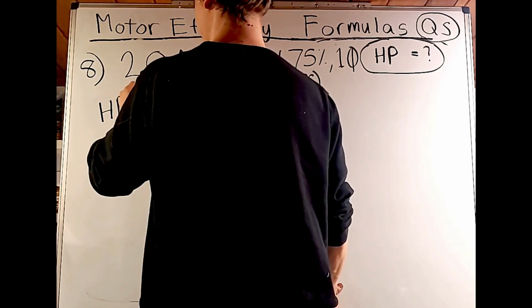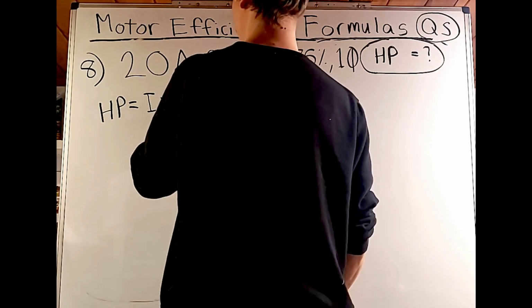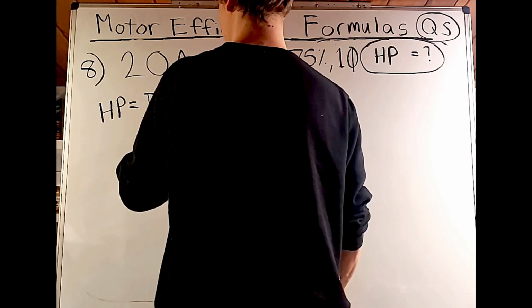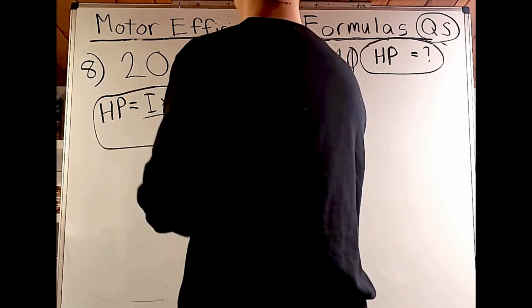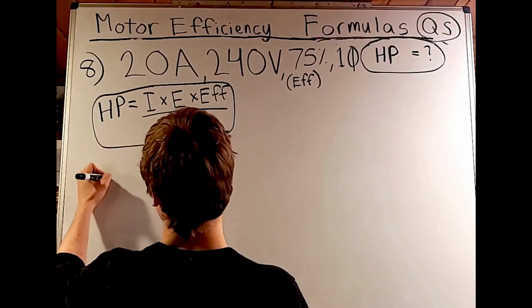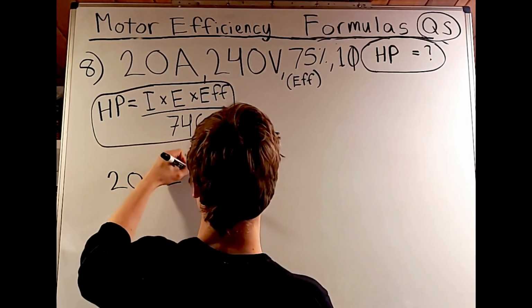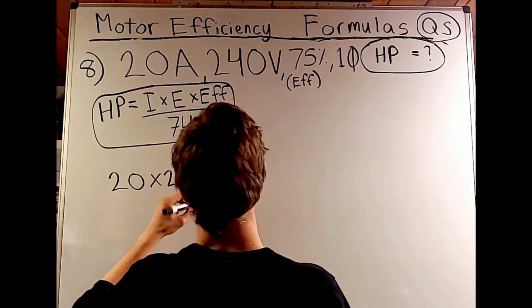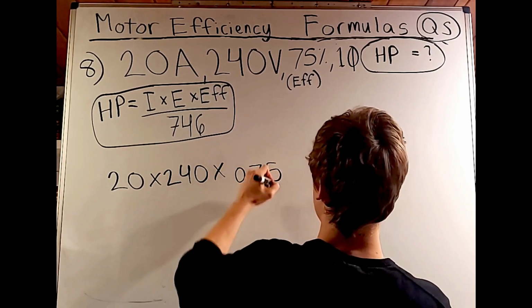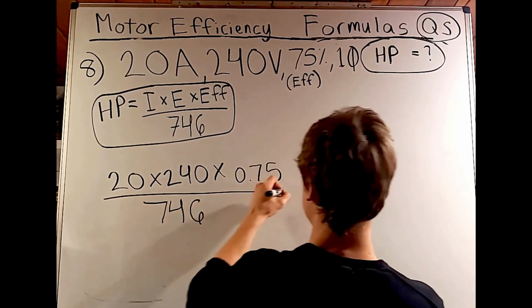Horsepower equals I times E times EFF over 746. Since we're solving for horsepower, that is our formula. So now we just plug in everything that we have here. We have 20 amps times our 240 volts times the 0.75 for the 75% efficiency rating, over 746.